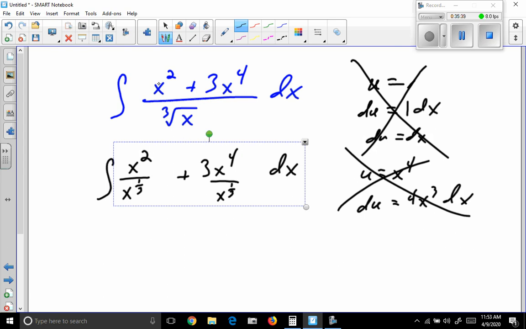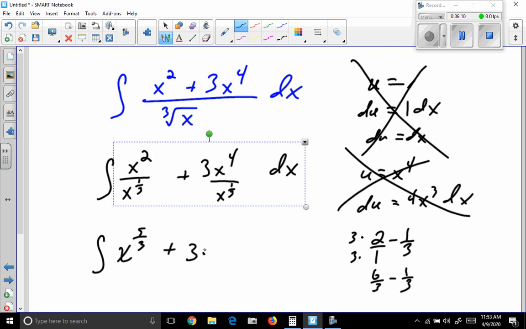The reason for that, since both of these have base x, when we divide, we subtract the exponents. So when we subtract these exponents, 2 minus 1/3, we have to have a common denominator. So multiply by 3, multiply by 3, so we have 6/3 minus 1/3. So when we simplify that, that's x to the 5/3.